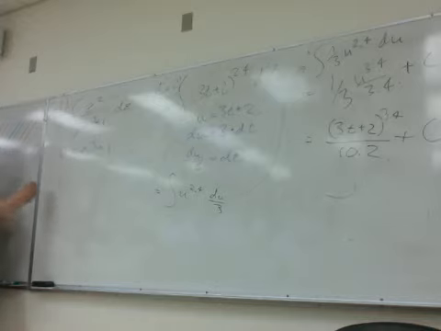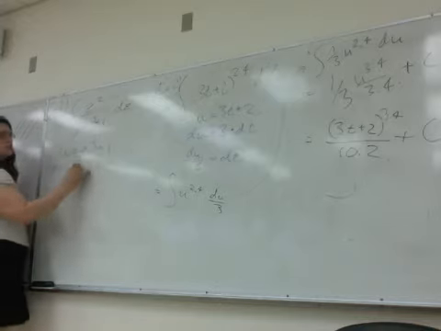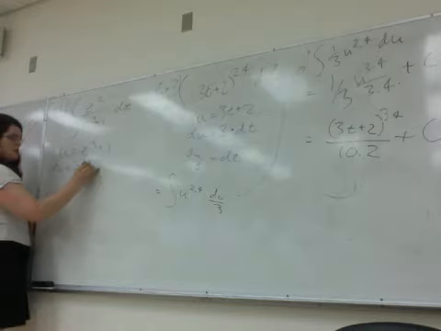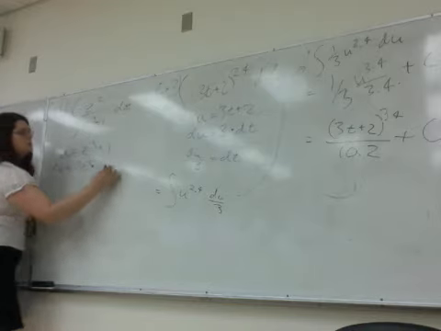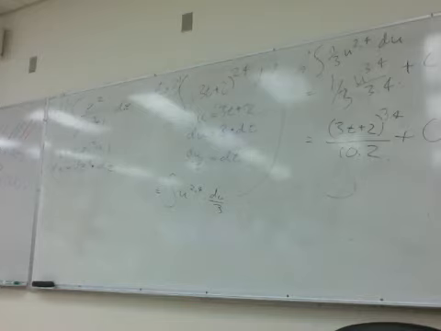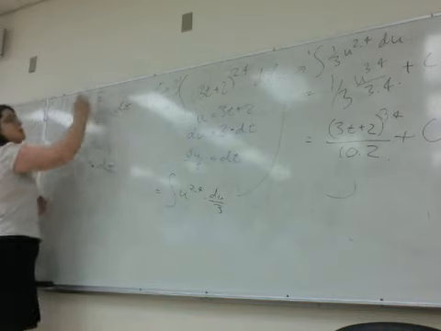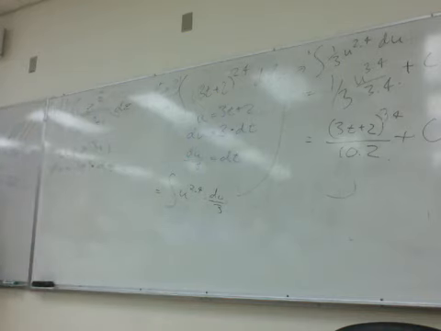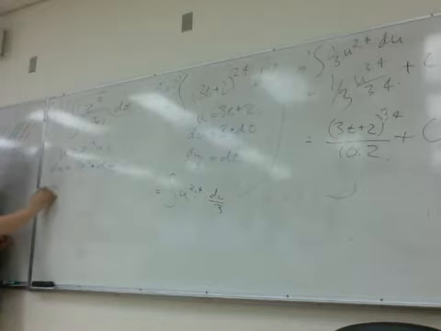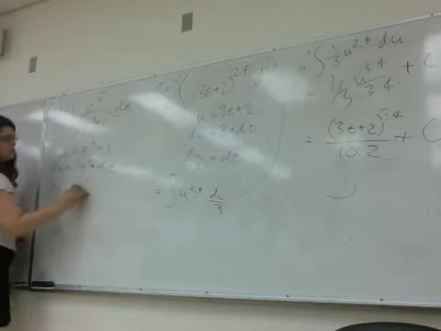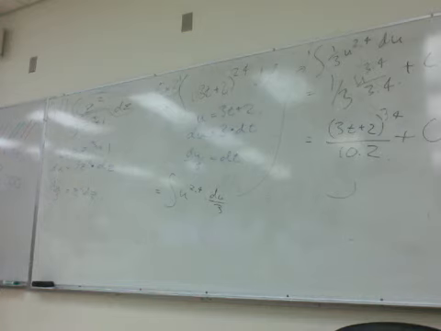So if u is z cubed plus 1, du is the derivative of u, which is 3z squared times dz. Now, if you'll notice, I don't have a 3z squared here. What I have is just a z squared. So I'm going to divide both sides of this by 3. Du over 3 is going to be z squared dz.